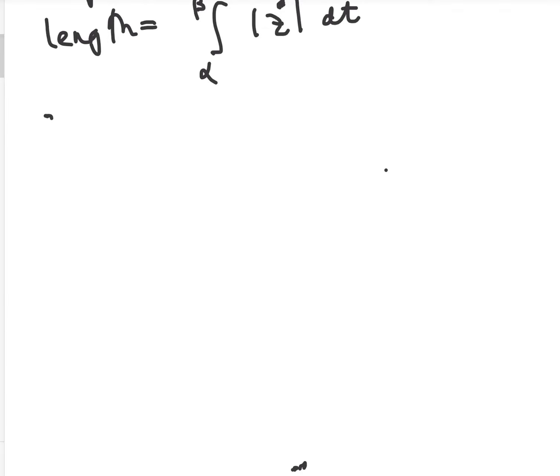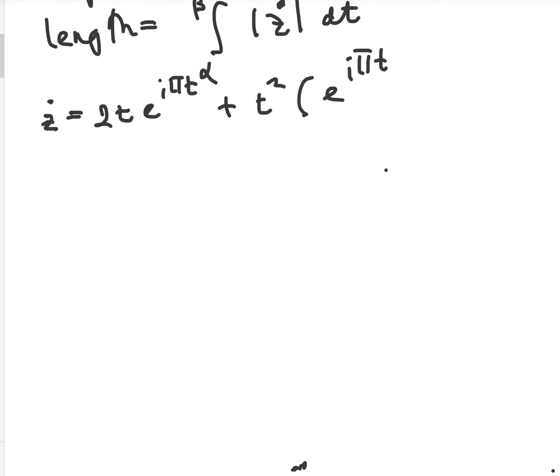So z dot, first of all, is equal to, using your normal product rule, differentiate t squared, you get 2t. Leave e to the i pi t, that's e to the i pi t, plus t squared, and then the derivative of e to the i pi t is e to the i pi t multiplied by the derivative of the index. That gives you i times pi.